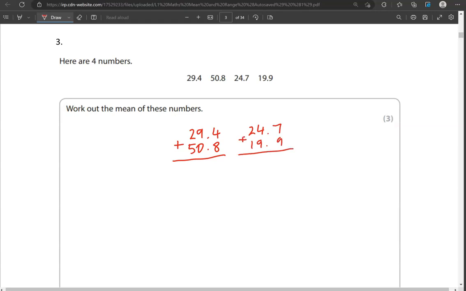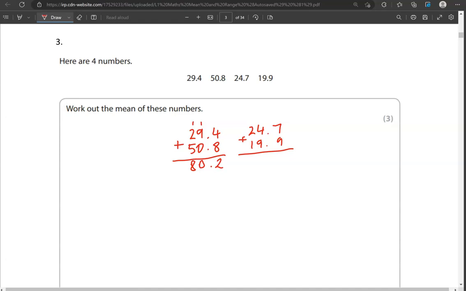So 4 and 8 is 12, 2 down, 1 carried over. 9 and 1 is 10, so 0 down, 1 carried over. 2 and 5 is 7, and the 1 is 8. So the first two numbers add up to 80.2.